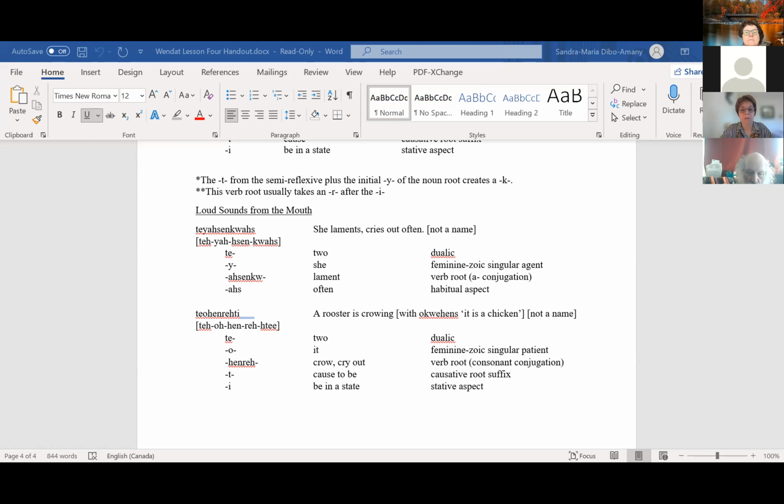So you're causing a crying out sound, right? There's a crying out sound connected with you, and it's being caused. And then finally, again, in a state, it ends with an E sound, right? So that's very common. Like I say, you see a word ends with an E sound, you can pretty well know that it is the state of.